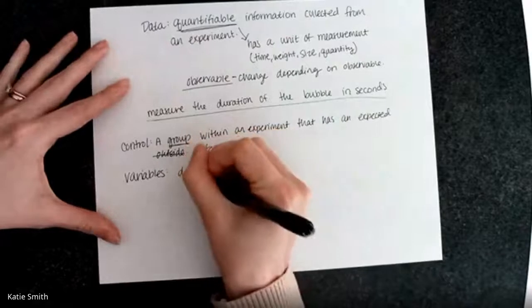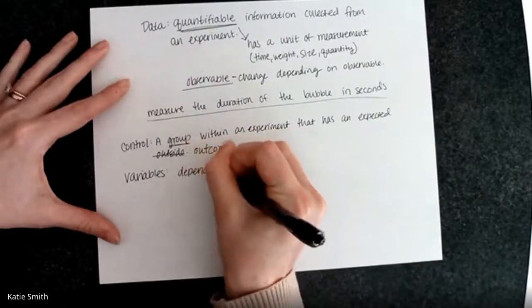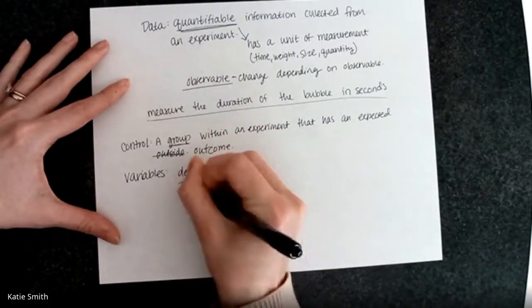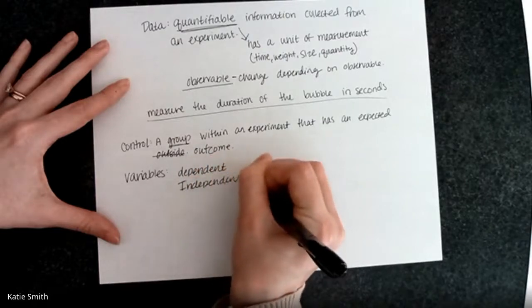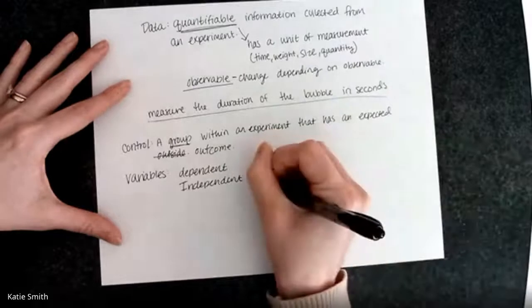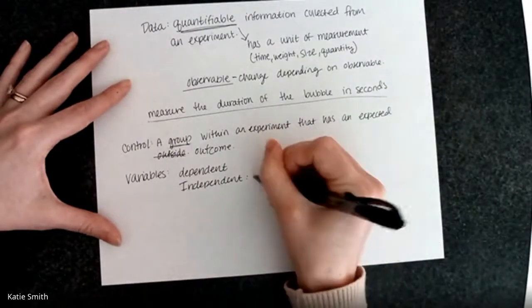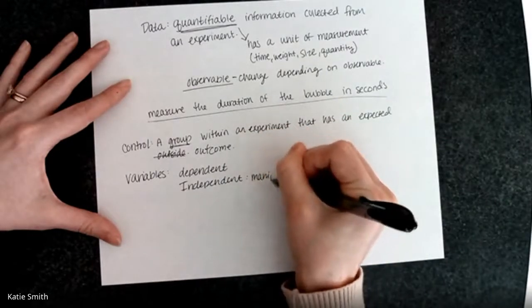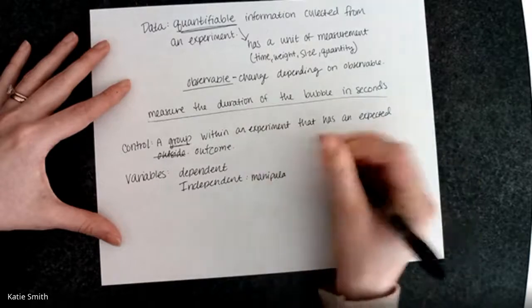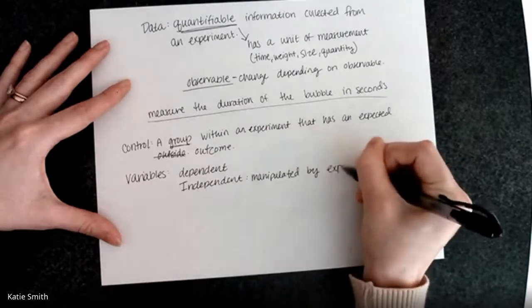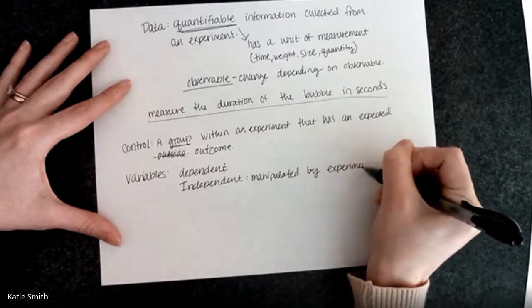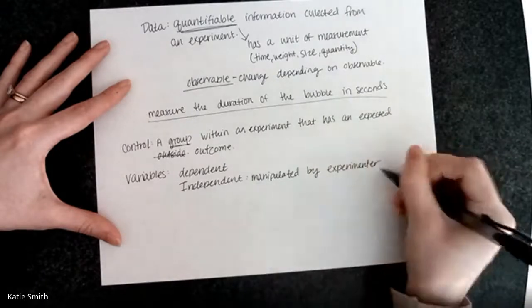So there are dependent, and then there are independent variables. So the independent variable is manipulated by the experimenter. So all that means is these are the things that I'm going to control.